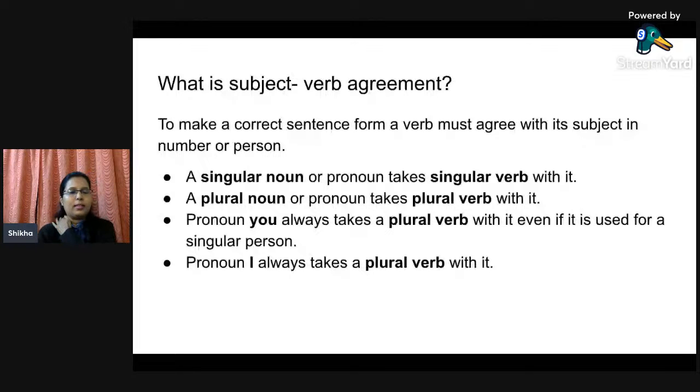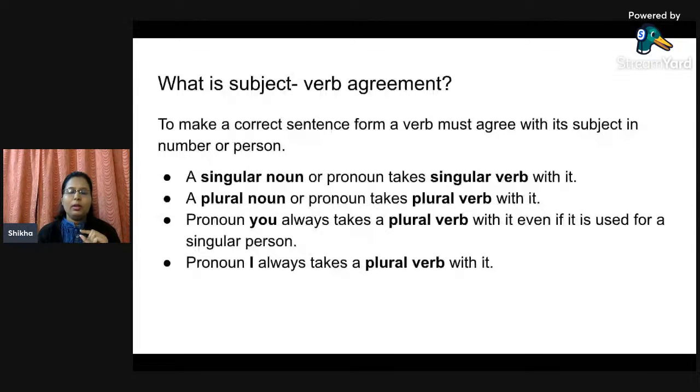If you see this table here, a singular noun takes a singular verb. Now verb and noun always act oppositely, right? The noun which we call singular, like girl, we haven't used s with it.